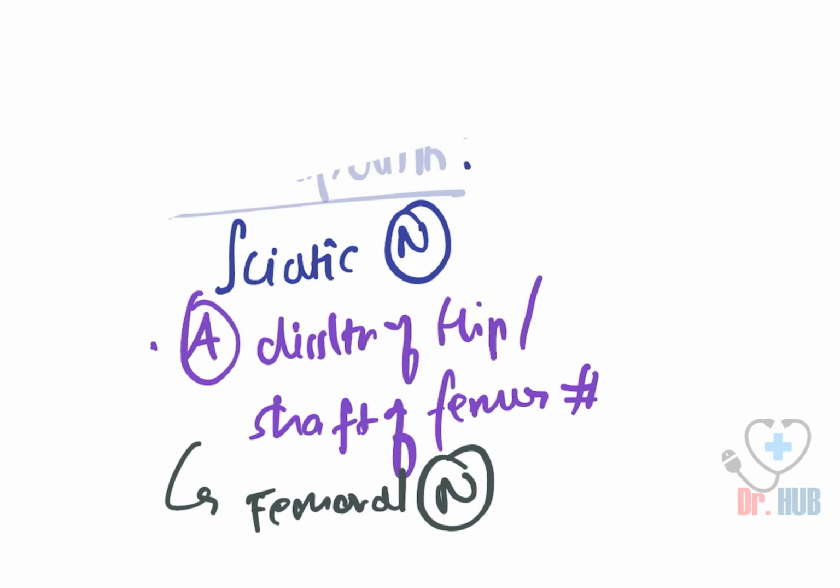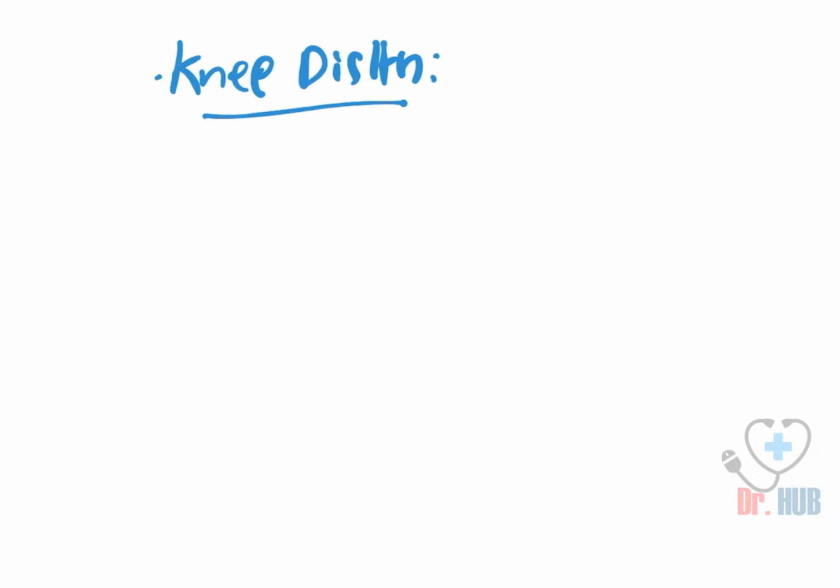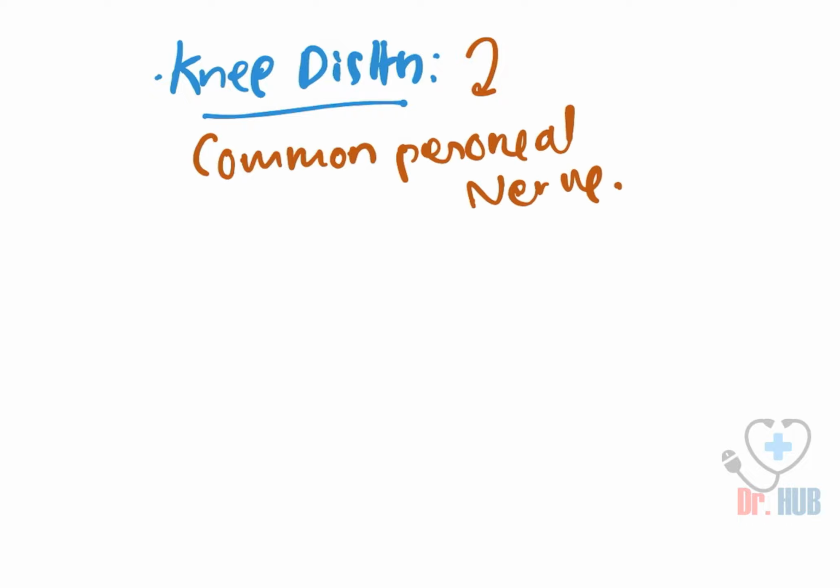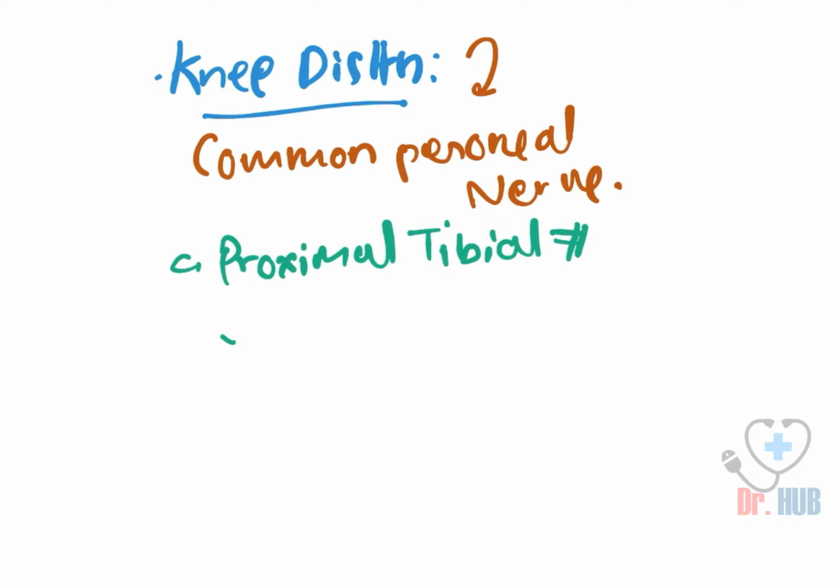Then moving on, we look at the knee dislocation. In the knee dislocation, we have the common peroneal nerve. Later on we also have the proximal tibial fractures as well as the ankle injury.